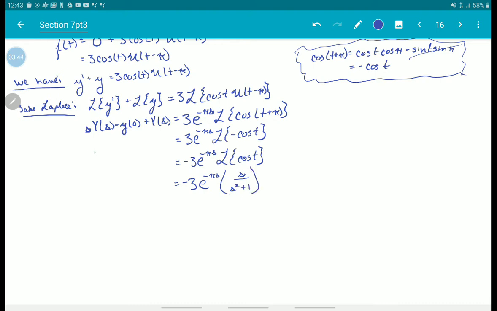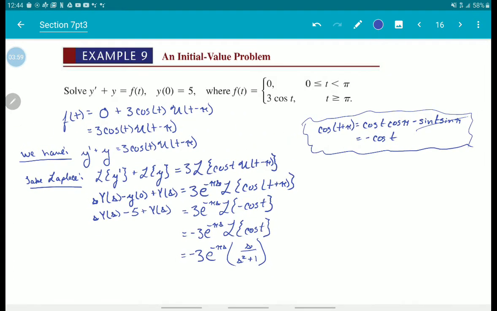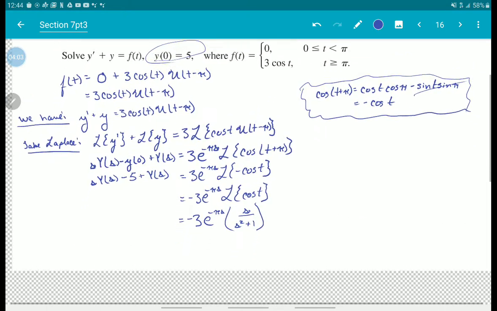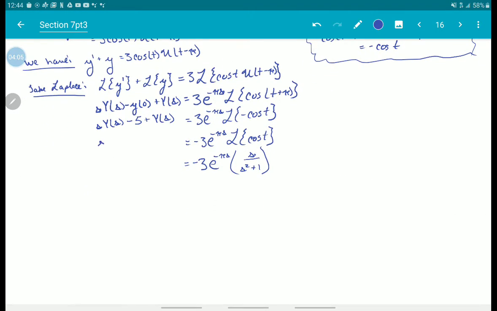Now let's go back over to the other side. So we have sY of s minus y of 0, and our y of 0 is 5, plus Y of s. And that's the initial condition they gave us here. So that left-hand side is really not changing any in those first few steps.